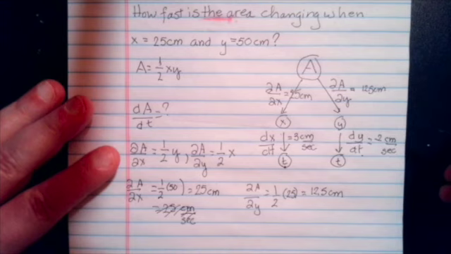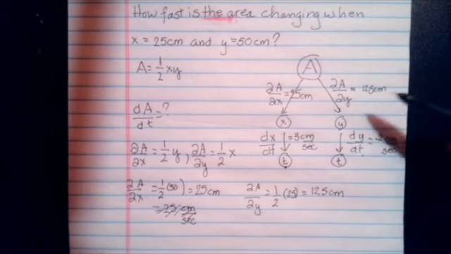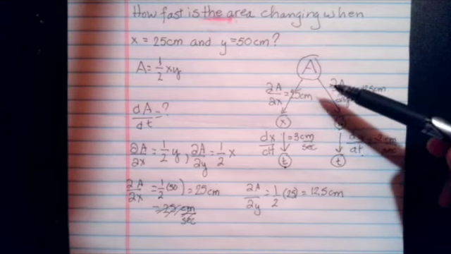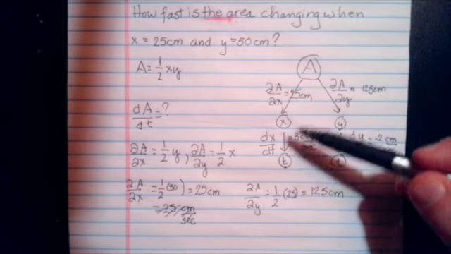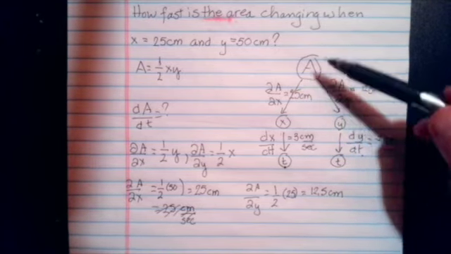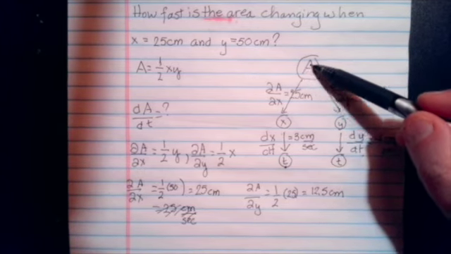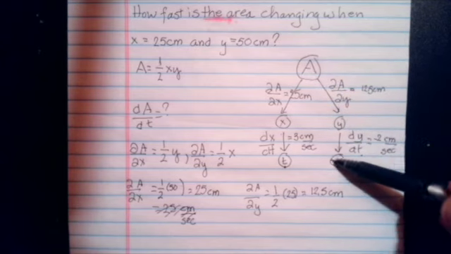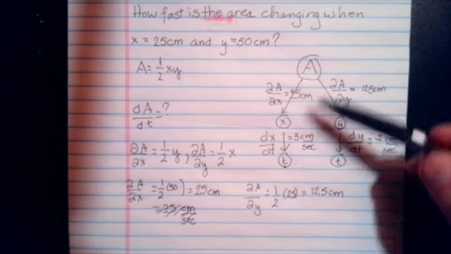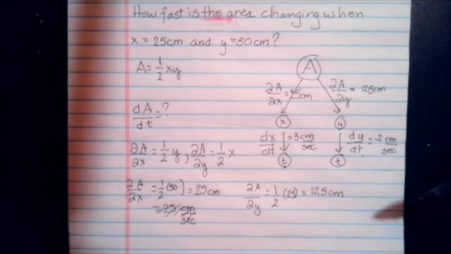Negative because it's decreasing. All right, so we've got everything filled in now. All we need to do is multiply and add. So remember that what we want to do is trace out all the paths from a to t. We're finding the derivative of a with respect to t. So we have this path down here, and then we have this other path that goes from a down to t this way. So we multiply the derivatives along each path and add the results.